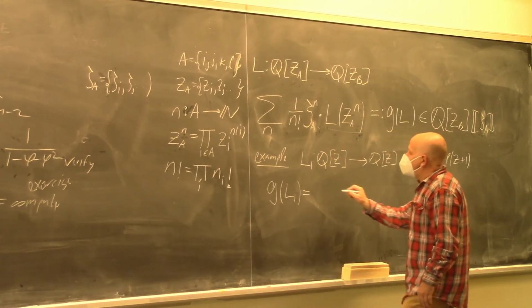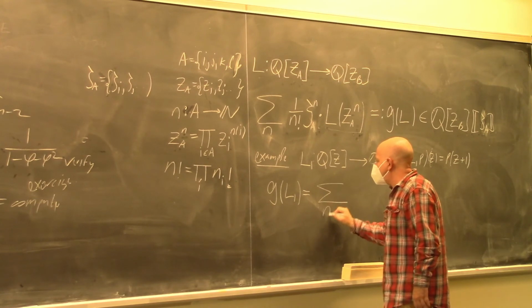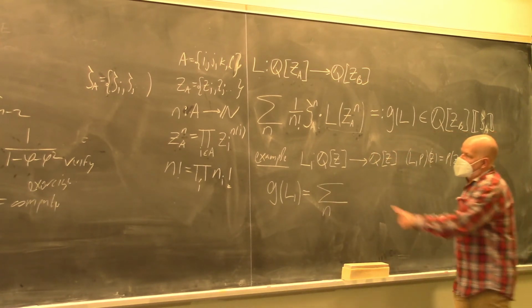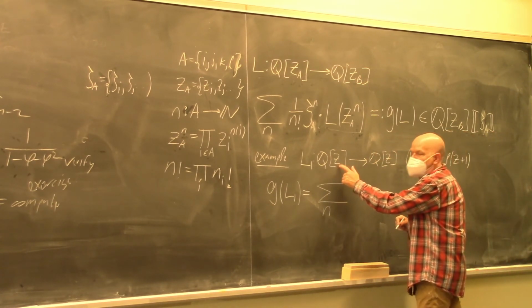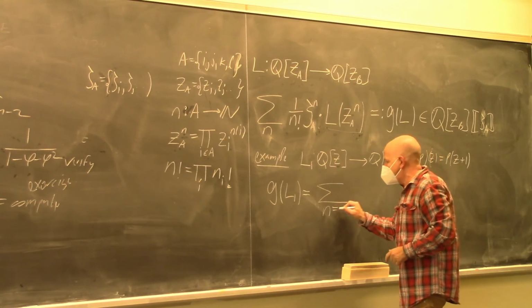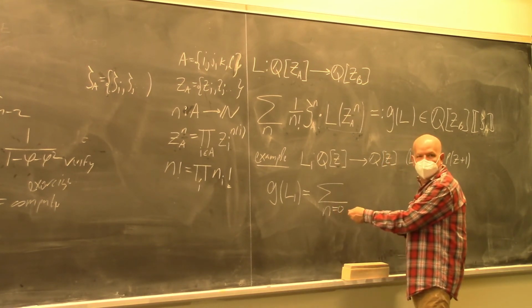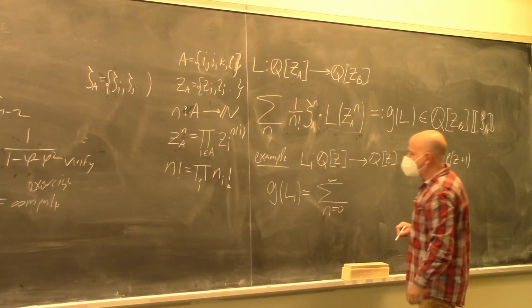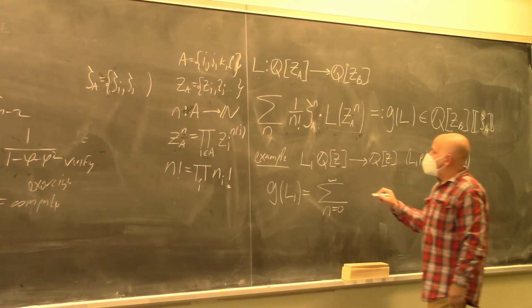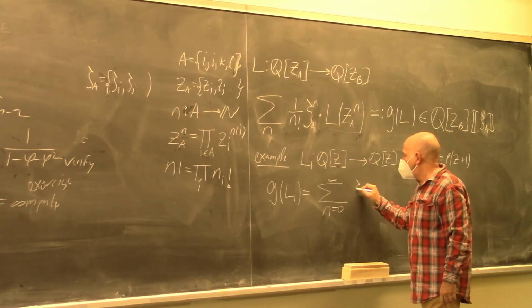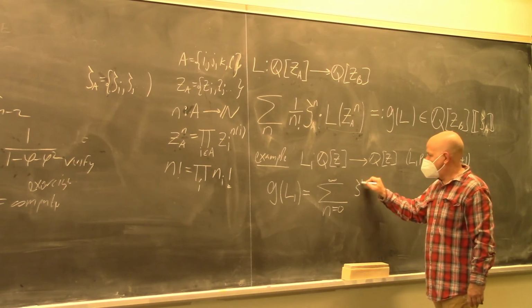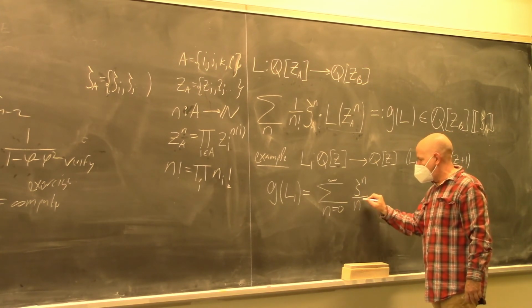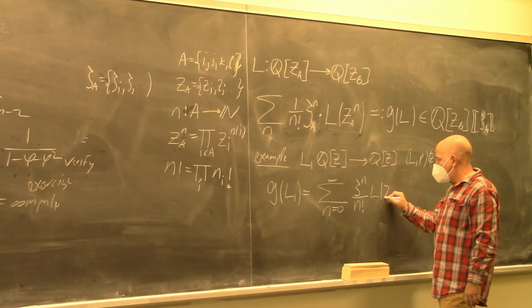So the generating function is a summation over n. This is the ring of polynomials in just one variable, so it's a single summation, n goes from 0 to infinity. We have a single dual variable zeta, so zeta to the n divided by n factorial times L of z to the n.